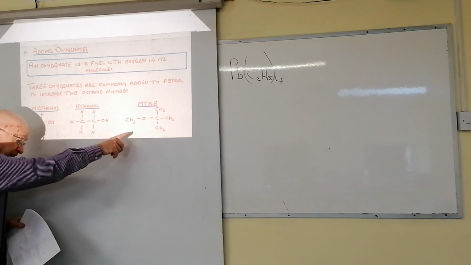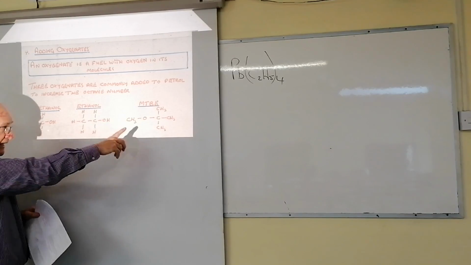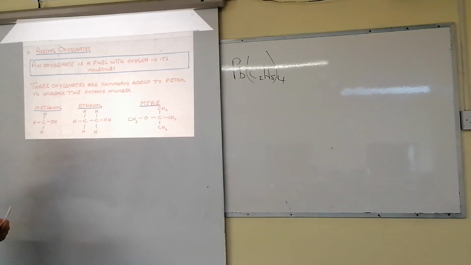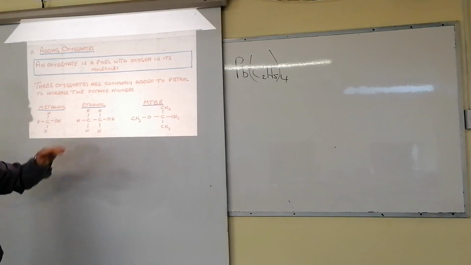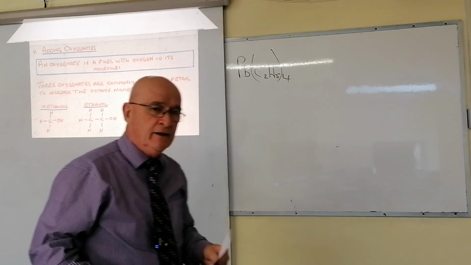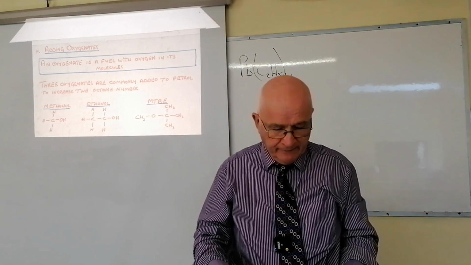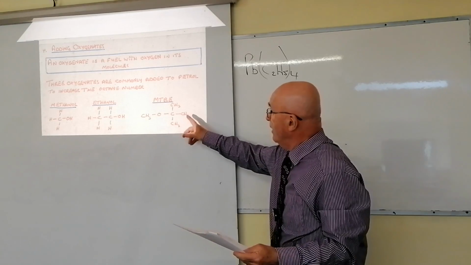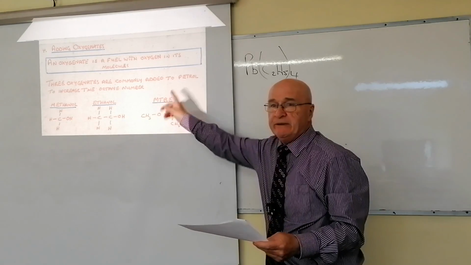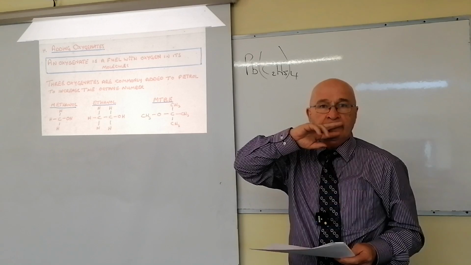Now, they won't ask you that. They might give it to you as a different matter and ask you, what is it? In other words, would you recognize it? That happens to be an oxygenate. Any one of the 3 of them would be added to the petrol to improve the octane number. That's very important. Now, that's not in your notes. I'm acutely aware of that. I'll be happy to call that MTBE. MTBE, okay?